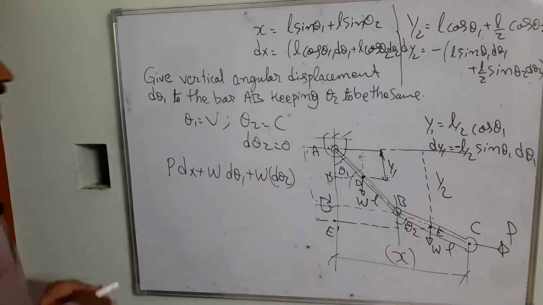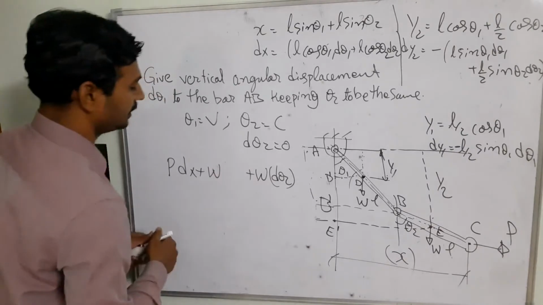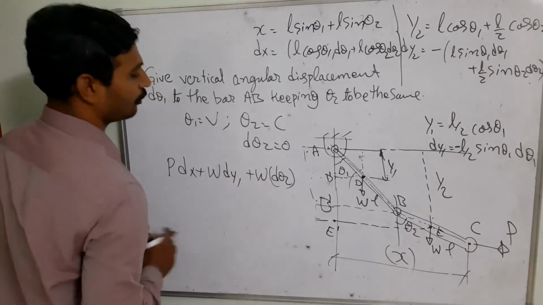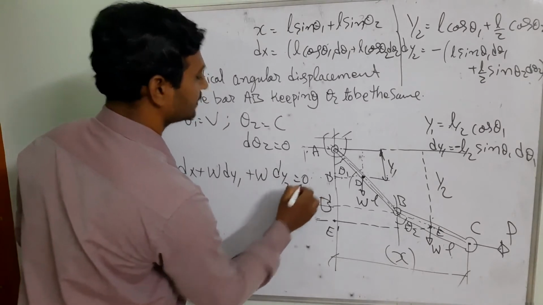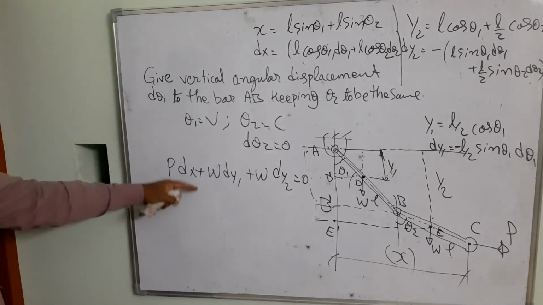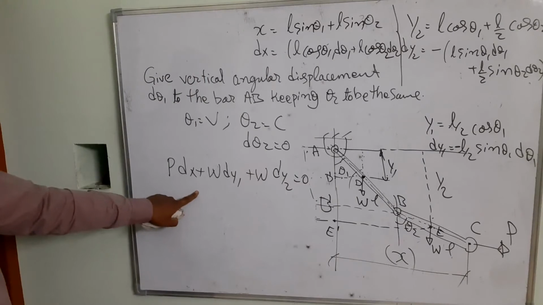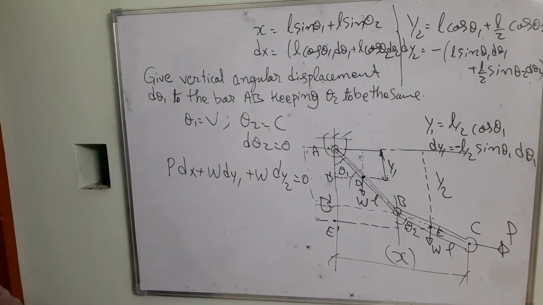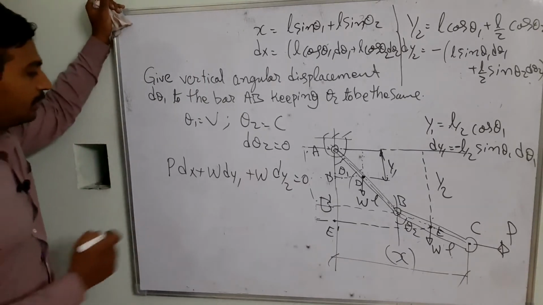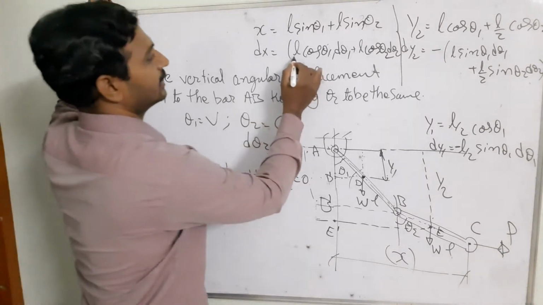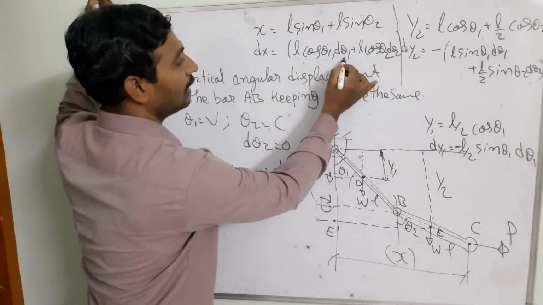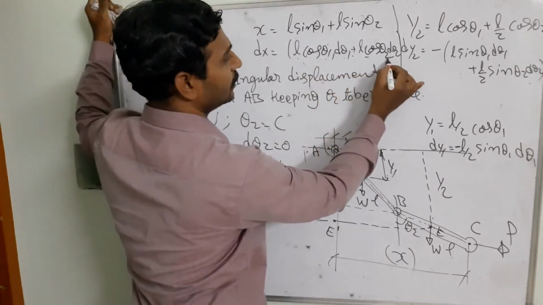In this case, d theta 1 we are going to write as the variable dy1, which is the more appropriate word. dy2 is going to be 0. Then I substitute in this equation and I will find out the value of P. So P into dx is equal to L cos theta 1 d theta 1 plus L into cos theta 2 d theta 2.